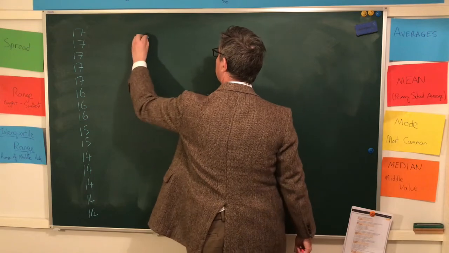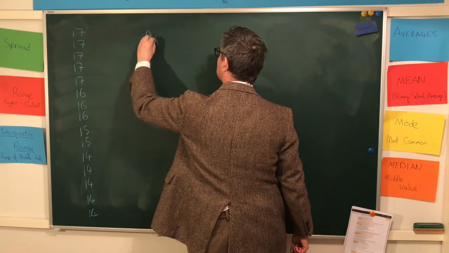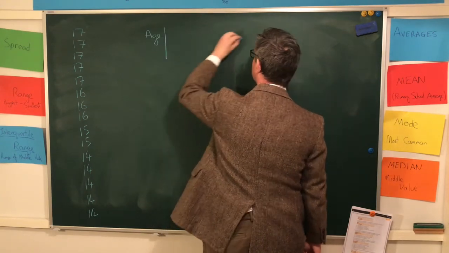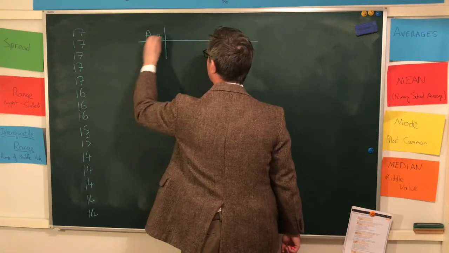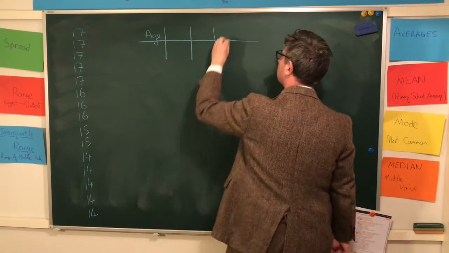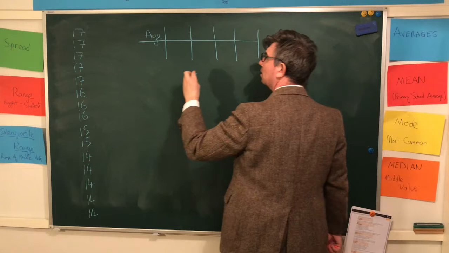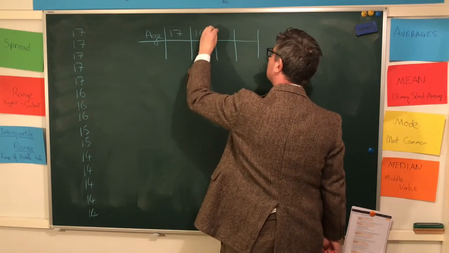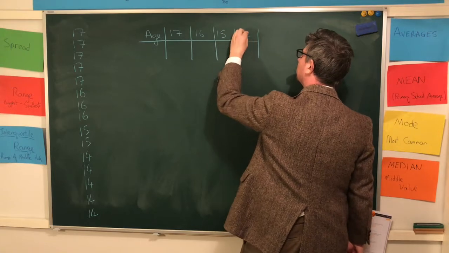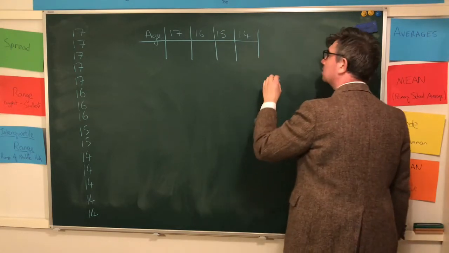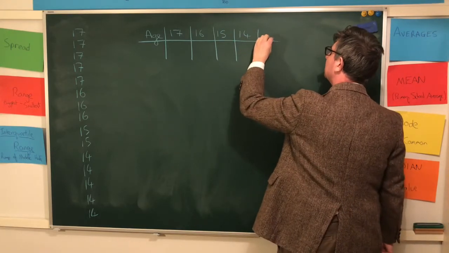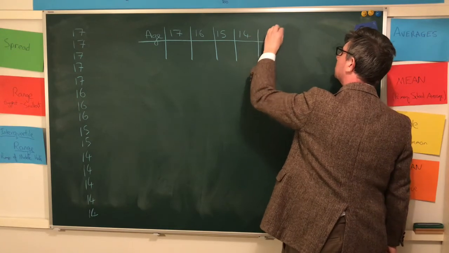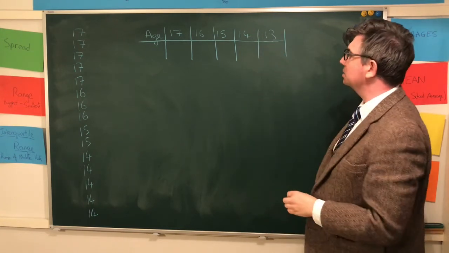So I can call the top one age. So they can be 17, they can be 16, they can be 15, they can be 14, and they can be 13. Why not? Let's be adventurous.